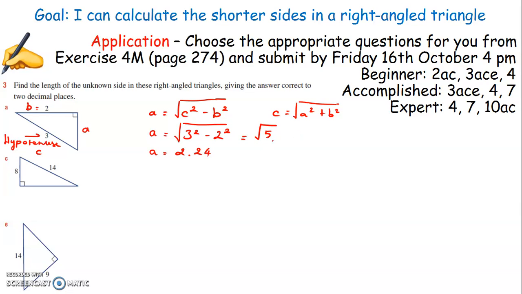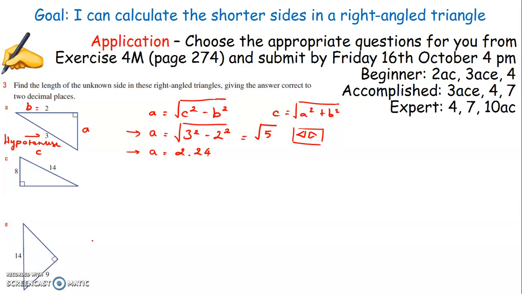If your calculator gives you this, what you need to do is press this button here with the two arrows, and that's going to change it to a decimal answer. Now remember that you need to show your working out, so I only need you to write this first step here, with the numbers plugged into the formula, and then the answer. So only two things there, not too much, but I need you to show your working out, please.